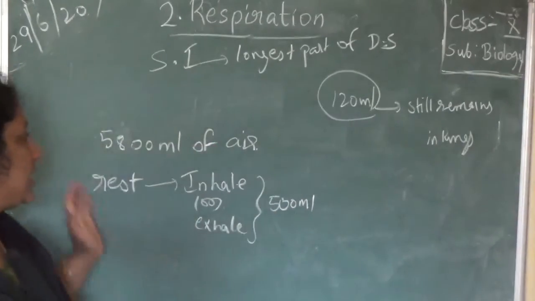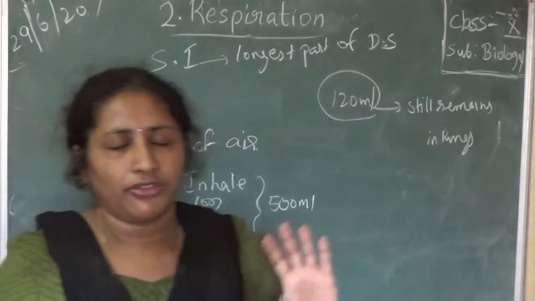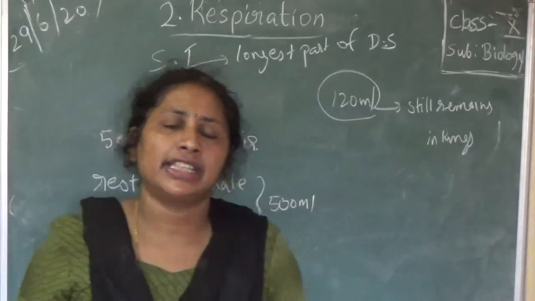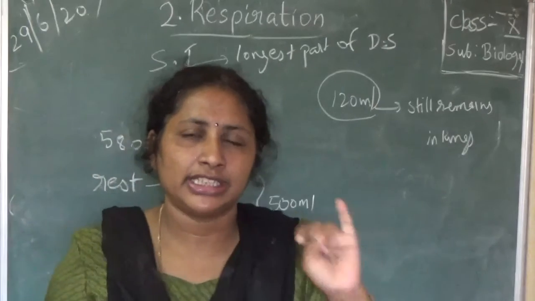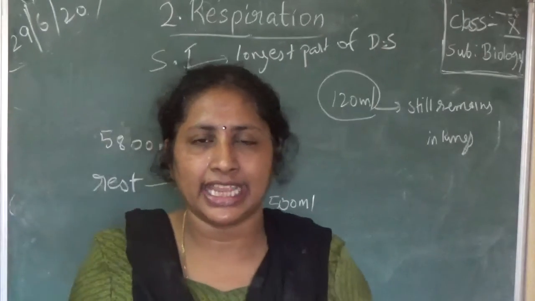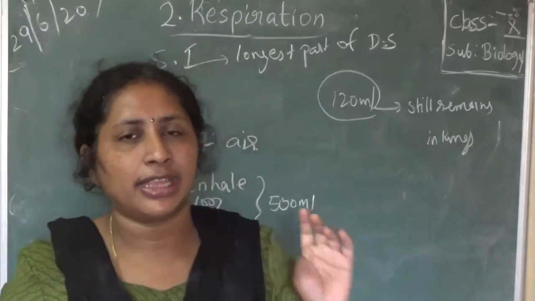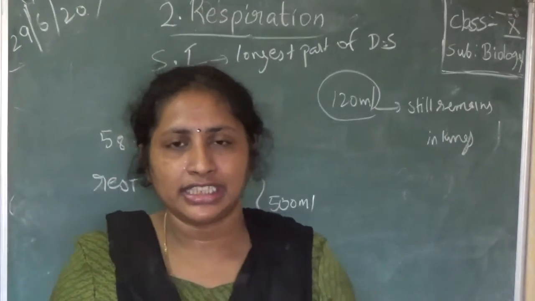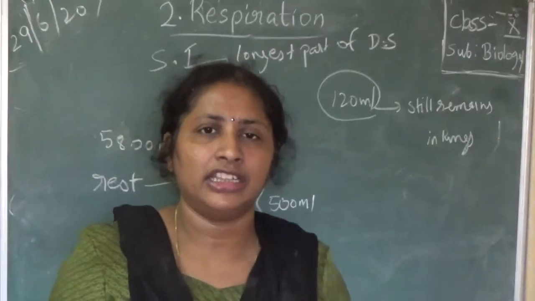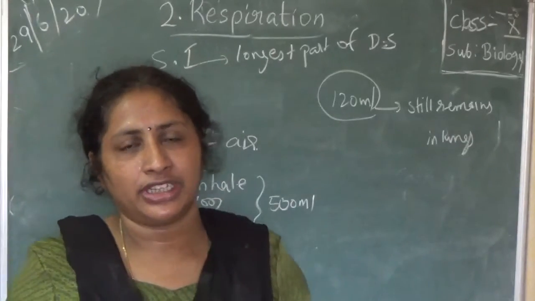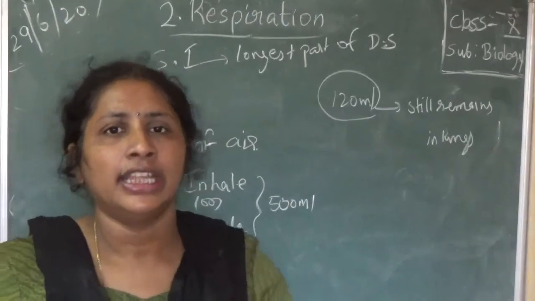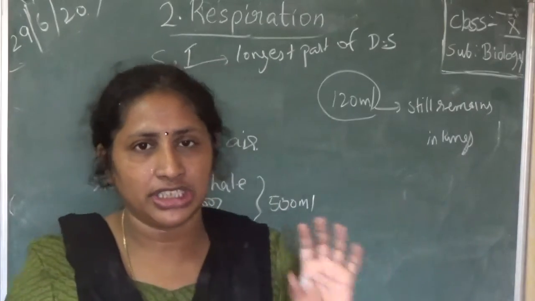Okay. This is about the structure of lungs. Very easy topic. The lungs are 2 in number in human beings. They are situated in the thoracic cavity of the human body, and the left lung is slightly smaller than the right lung to create space for the heart. Lungs are soft and spongy in nature.